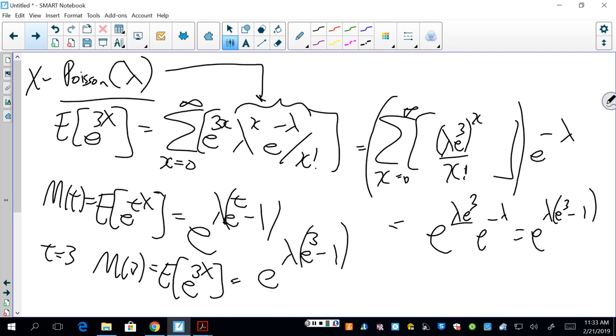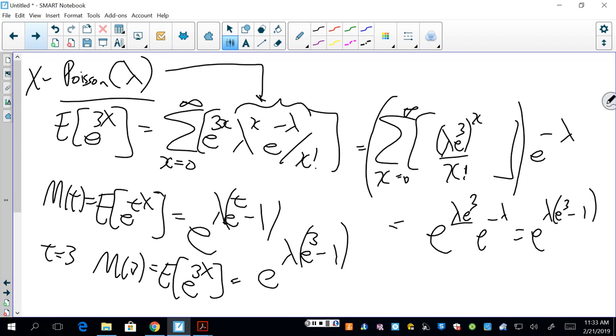Right. And so those are the few steps that go from the definition of expectation to simplifying it a little bit and then getting this form. If you knew the moment generating function was this, well, that's just asking me to put t equal 3 in there and getting that quickly. So two ways of trying to help understand that moment generating function.